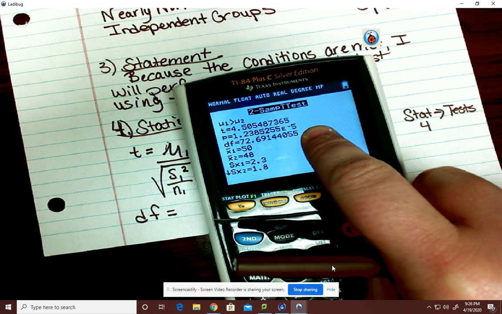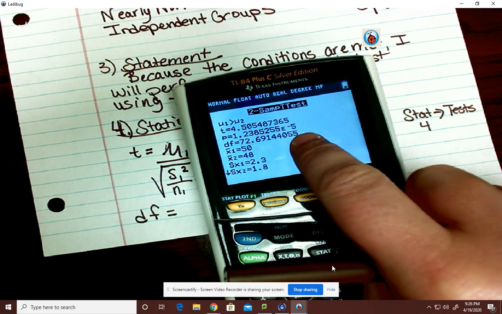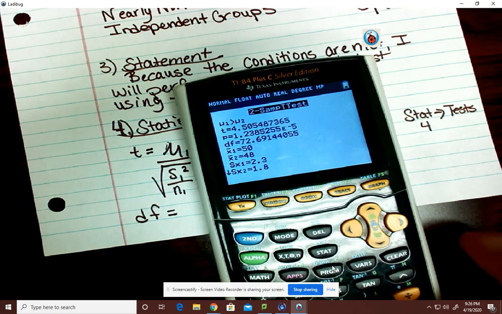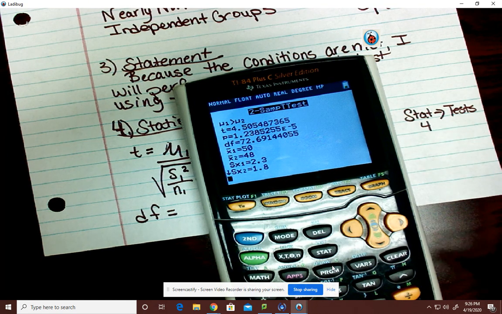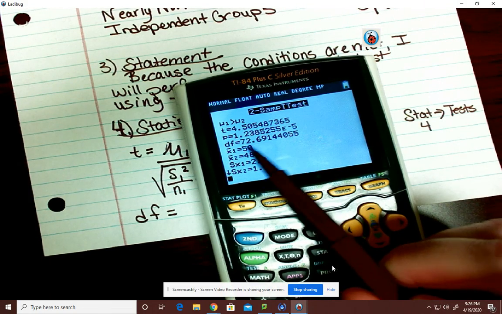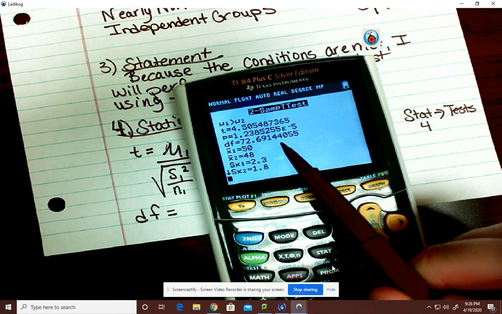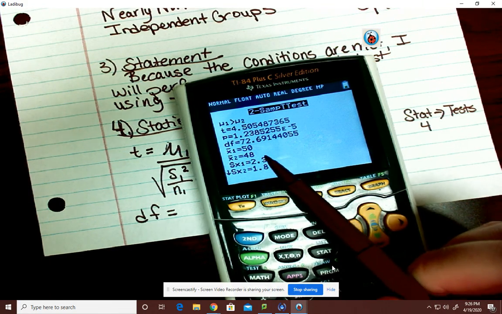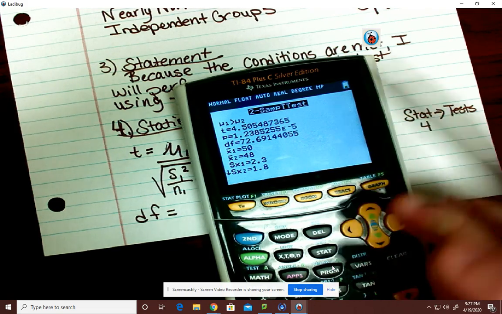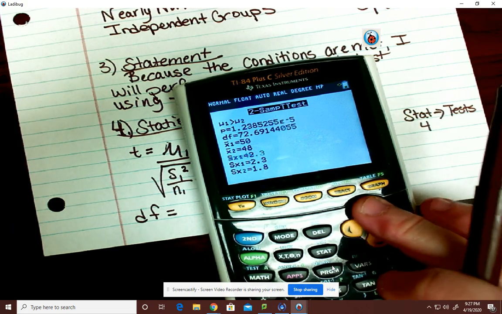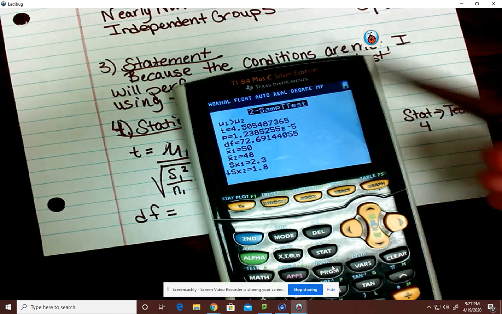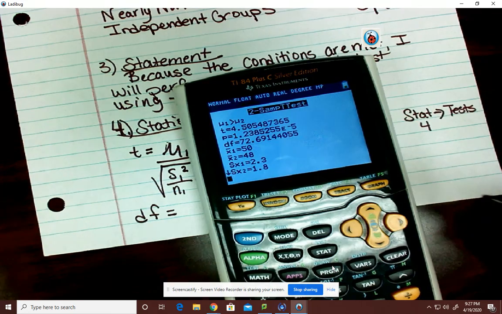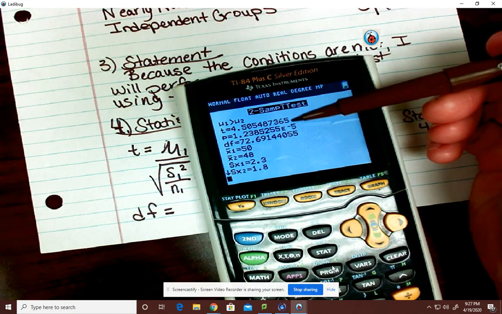That's 1.238 times 10 to the negative 5. So that's like 0.00001. The degrees of freedom, it gives it to you. I will just write it in there. And if I didn't have my data and it was doing it for me, it would tell me the mean and standard deviation, but I'm going to put those in there. That's how you'll get your t-score and your p-value on that.